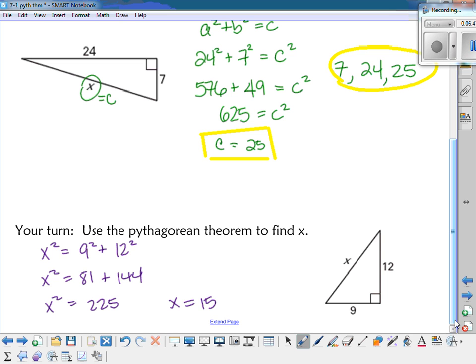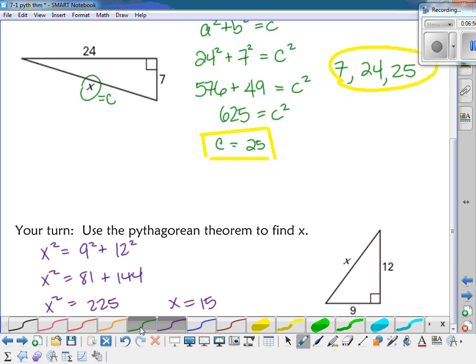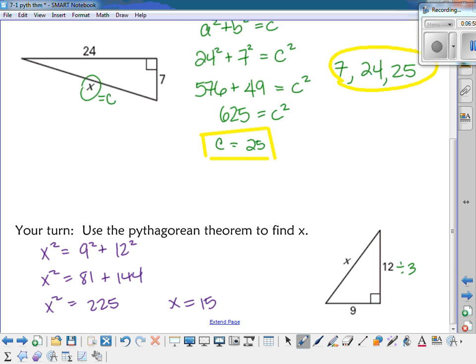Okay, so what he noticed is that 9 is a multiple of 3 and 12 is a multiple of 4, right? So you divided everything by 3, and that's how he got the 3 and the 4. So he knew x had to be 5 times 3, which is 15. Does that make sense? So that's kind of a shortcut way. When you know your triples, you can find the answers a lot faster.